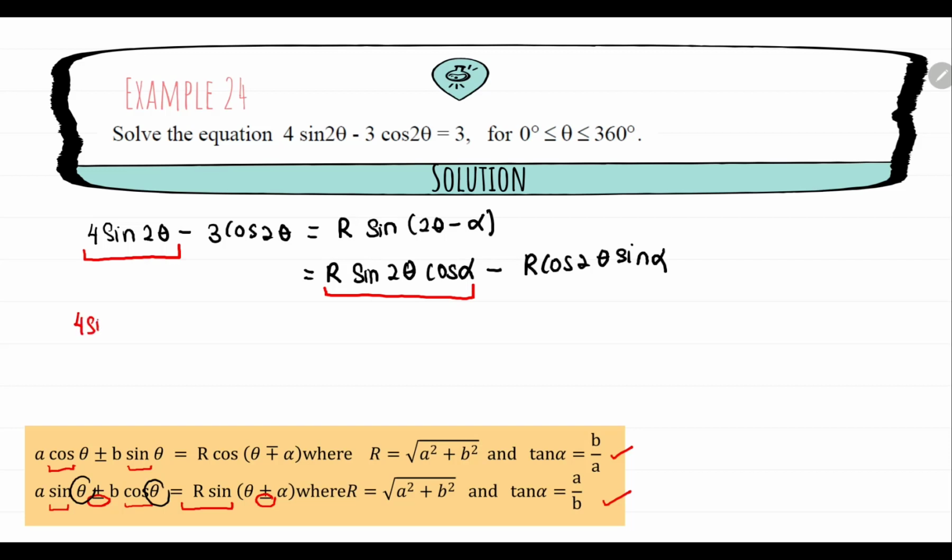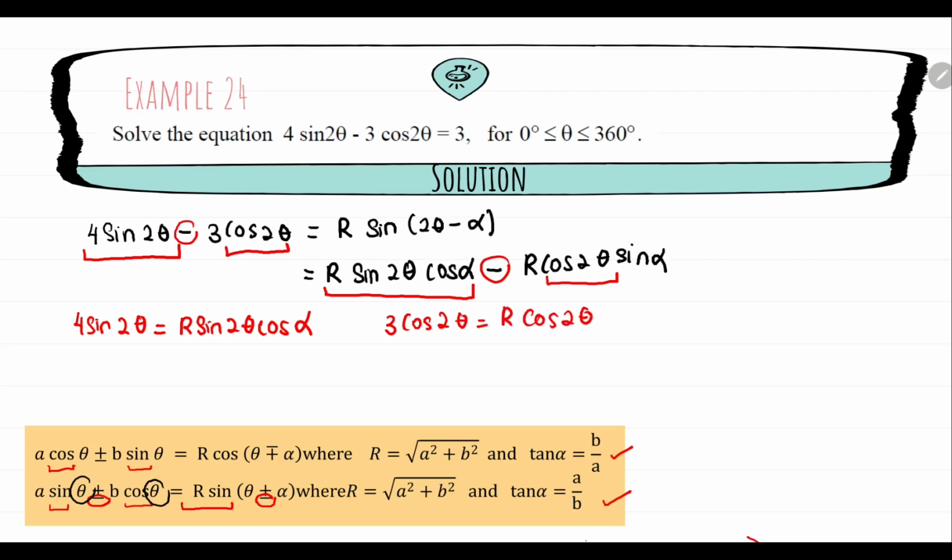So when we compare, we can write 4 sin 2θ equals R sin 2θ cos α. And we're going to compare cos 2θ with cos 2θ. Notice that the sign is the same. So I can write this as 3 cos 2θ equals R cos 2θ sin α.